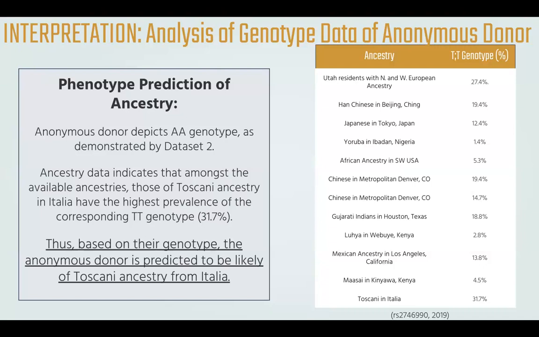Now, Ancestry data indicates that amongst the available ancestries on SNPedia for this SNP, those of Tuscany ancestry in Italia have the highest prevalence of the corresponding TT genotype for the AA genotype, with a prevalence percentage of 31.7%. Thus, based on their genotype, the anonymous donor is predicted to be likely of Tuscany ancestry from Italia.